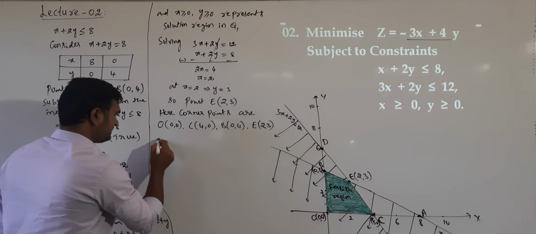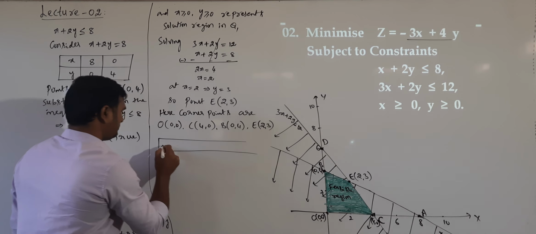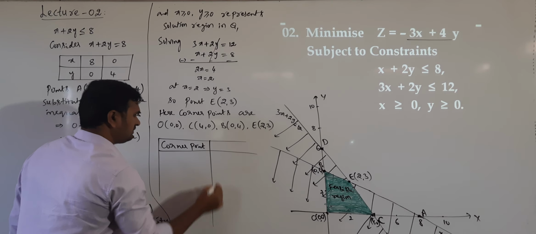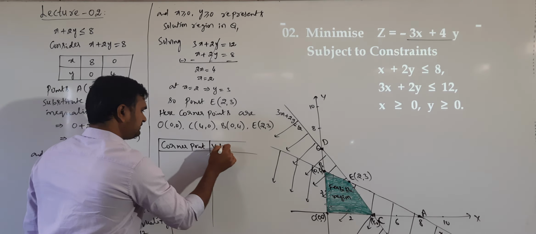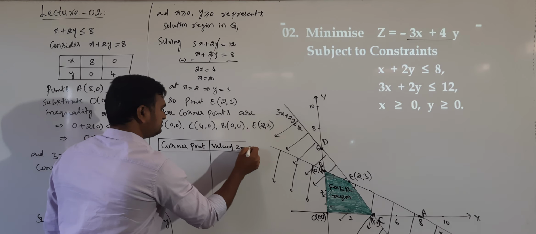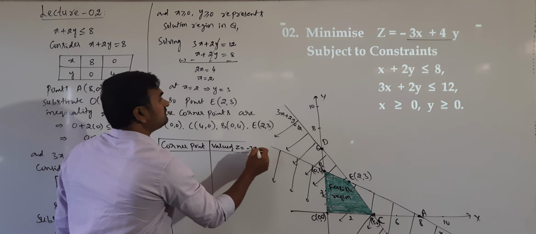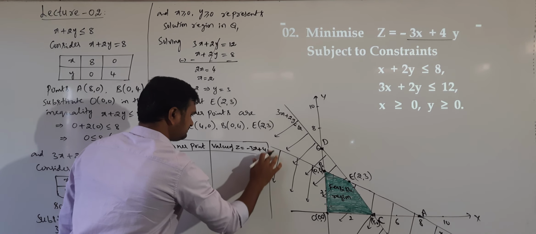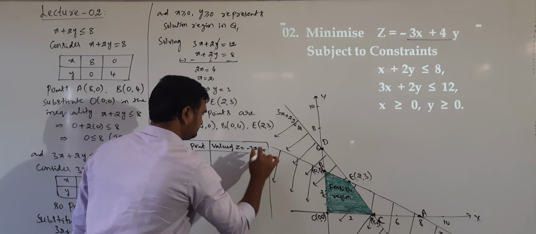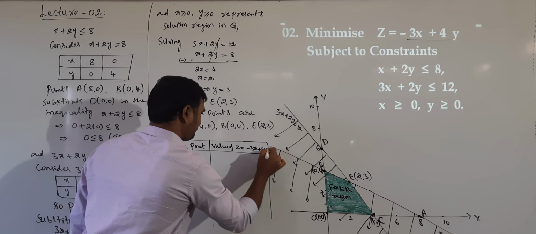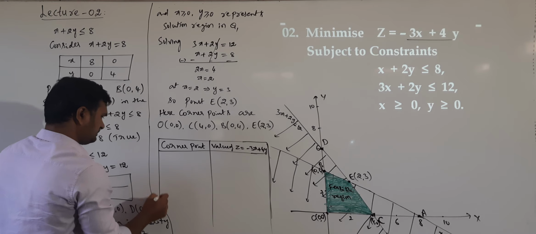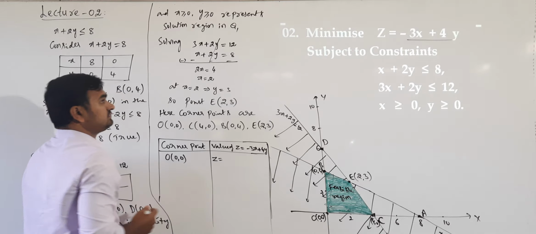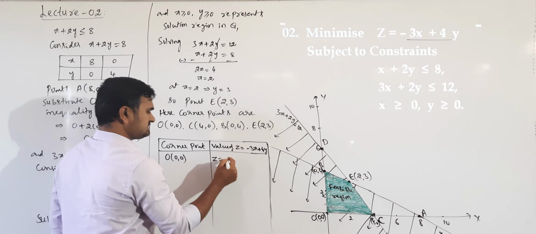I'll write this in the form of a table: corner point, value of z equal to minus 3x plus 4y. So corner points: we have origin 0, 0. What is z? x is 0, y is 0, so it is 0 plus 0.